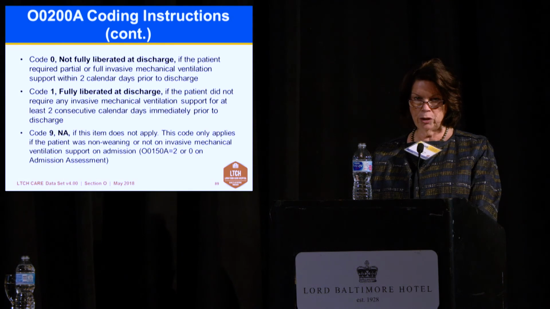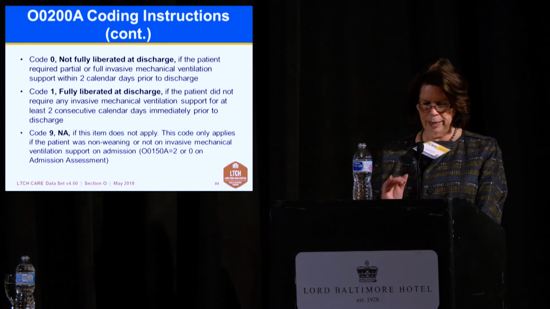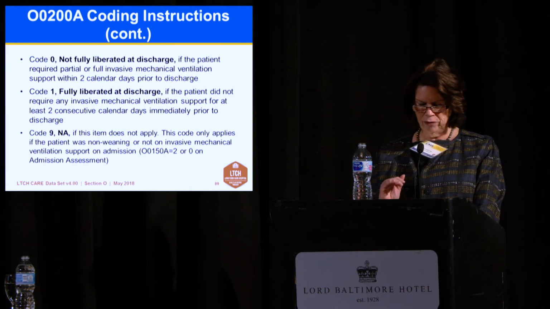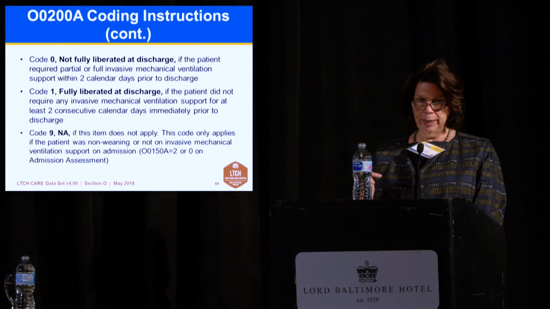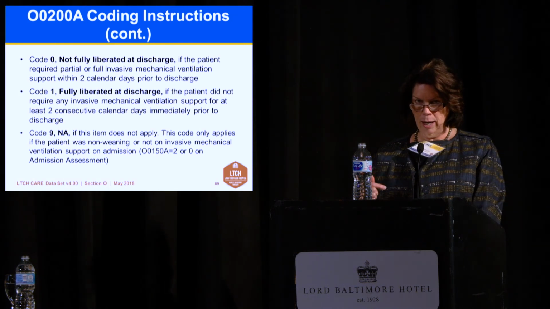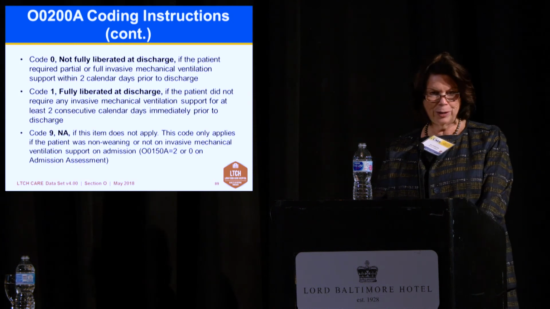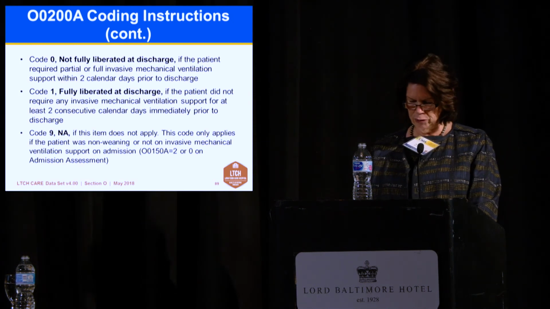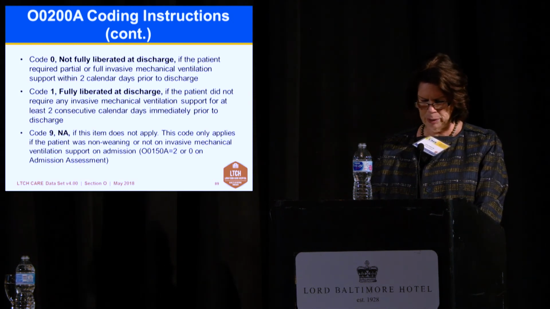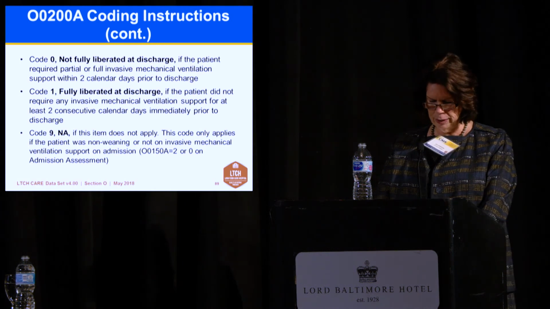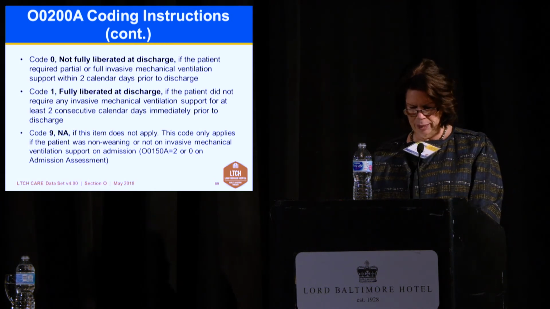So in other words, going back to the process measure data elements, if O0150A equals 2 or 0 on the admission assessment, then you're going to code this data element as 9, not applicable. So you can see how this data element corresponds to the first data element of the admission assessment, the patient's mechanical ventilation support upon admission to the LTCH.